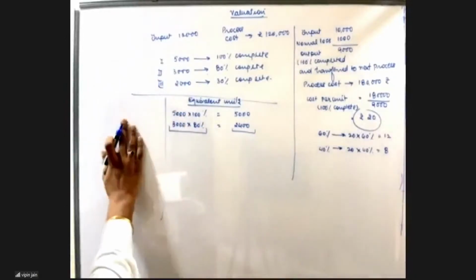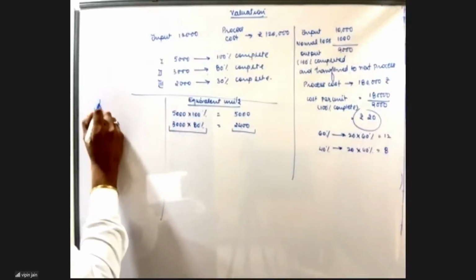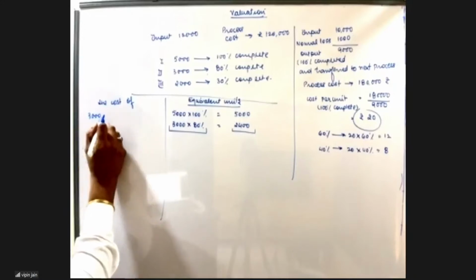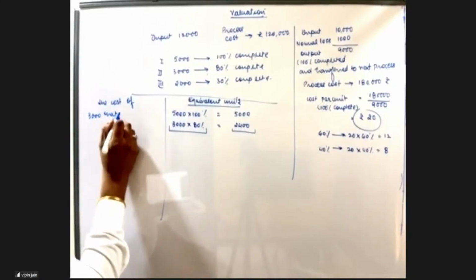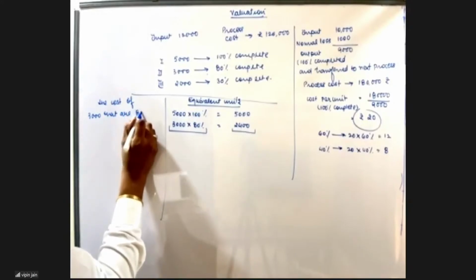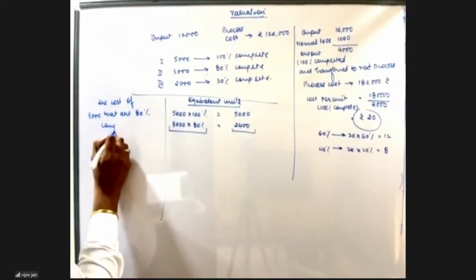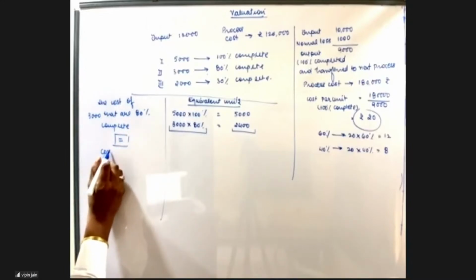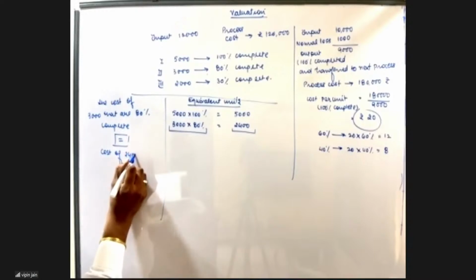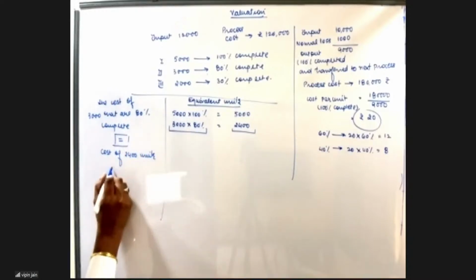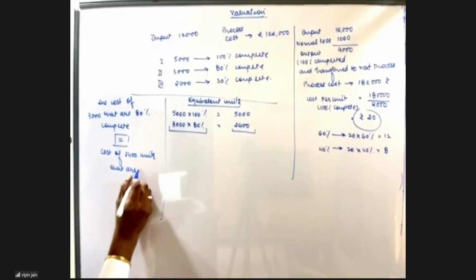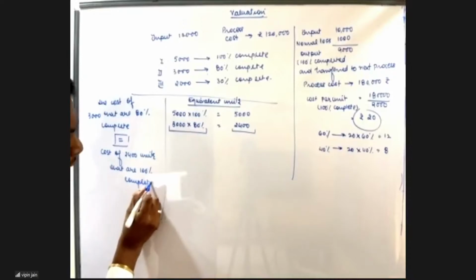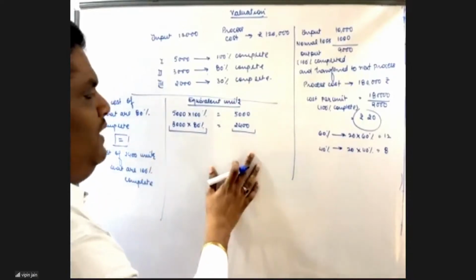I'm writing this statement for your reference: the cost of 3,000 units that are 80% complete will be equal to the cost of 2,400 units that are 100% complete. I'll be discussing this part practically also, don't worry guys.